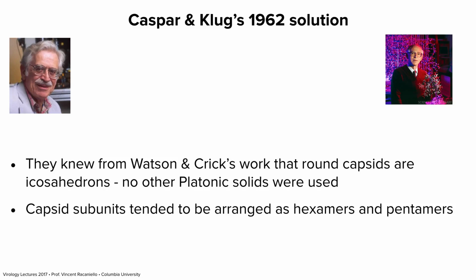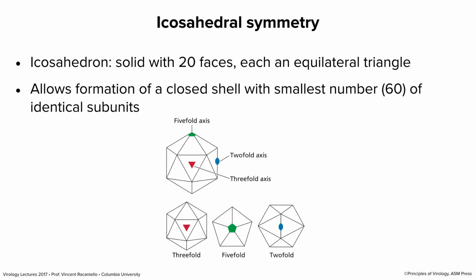And secondly, subunits tend to be arranged in viruses as hexamers and pentamers. Why that is will become obvious in a couple of minutes. What these two individuals proposed, which is now quite clearly correct, is that round viruses are built using the principles of icosahedral symmetry. So let's talk about icosahedral symmetry.